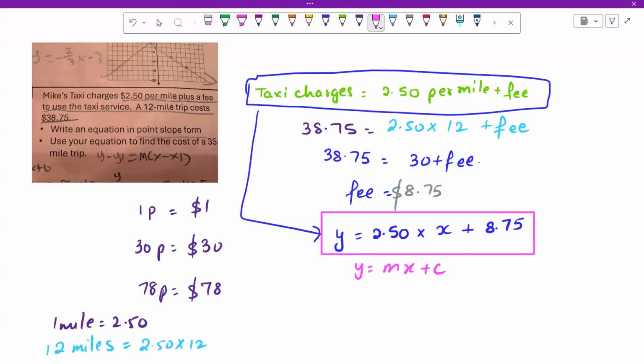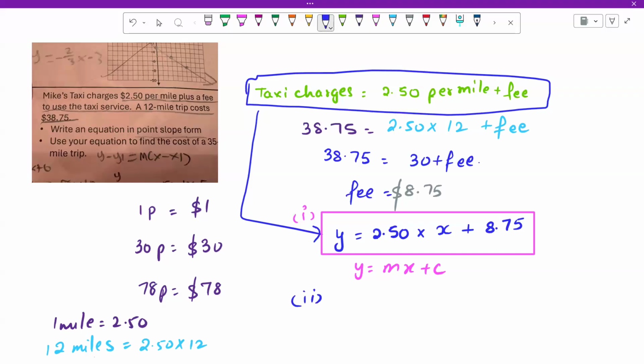Any questions in this part? No. Okay. Then in the second part, they are saying use your equation to find the cost of a 35-mile trip. Here is our equation. Use this equation to find out the cost of a 35-mile trip.